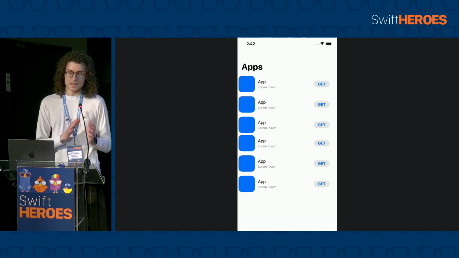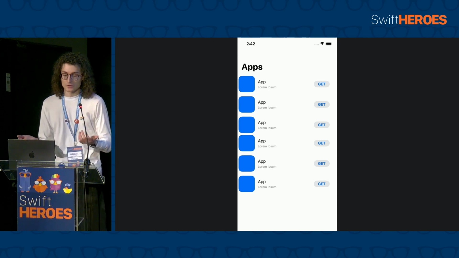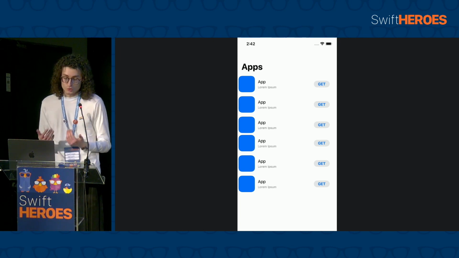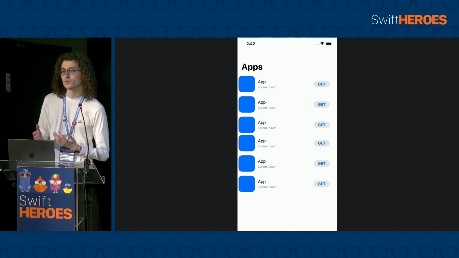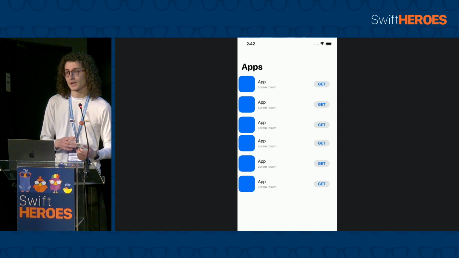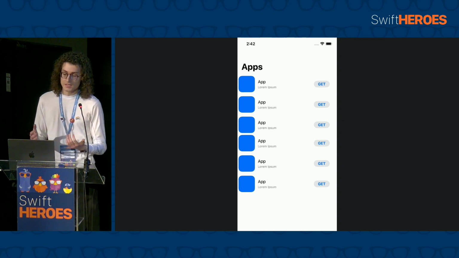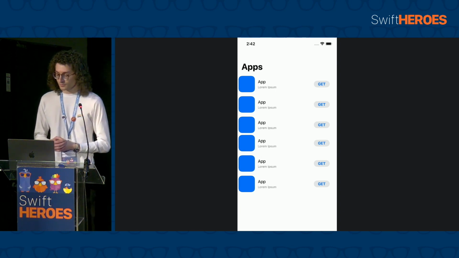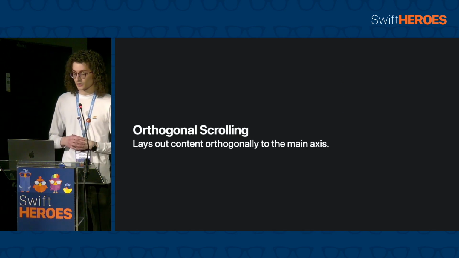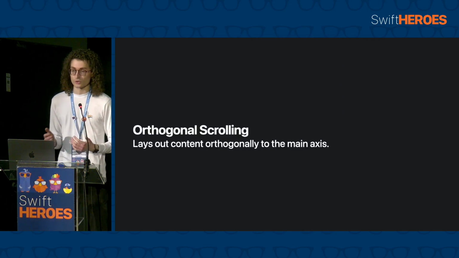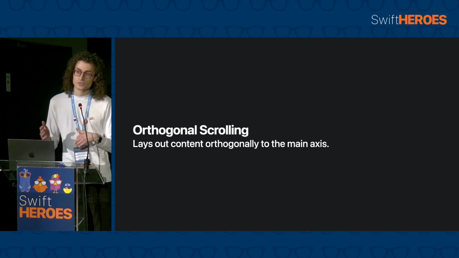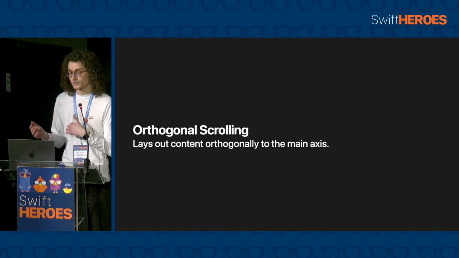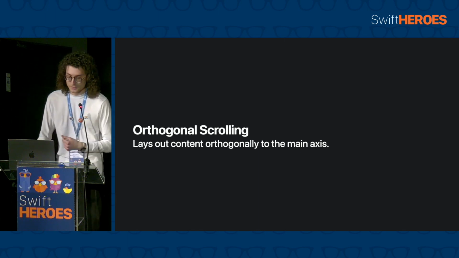But if we look back at the App Store, these groups should be laid out horizontally, and we should also be able to scroll through them. And by default, collection views actually lay out their content on their main layout axis, which in this case is the vertical axis. Thankfully, compositional layout introduces this feature called orthogonal scrolling, which allows us to lay out content on the orthogonal axis, which for this example will be the horizontal axis.